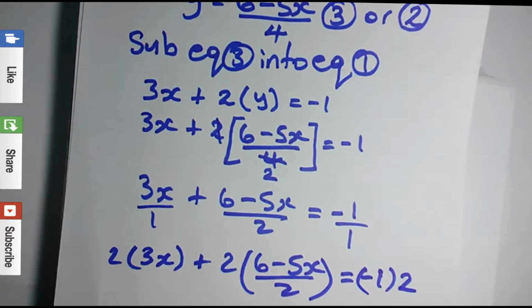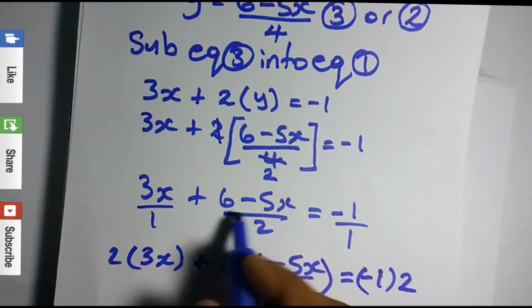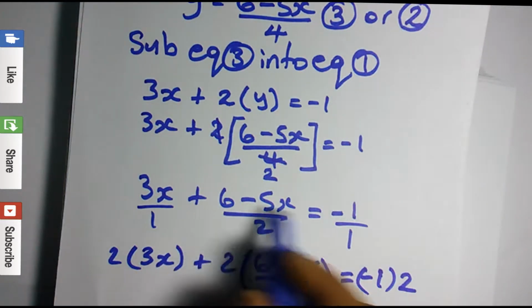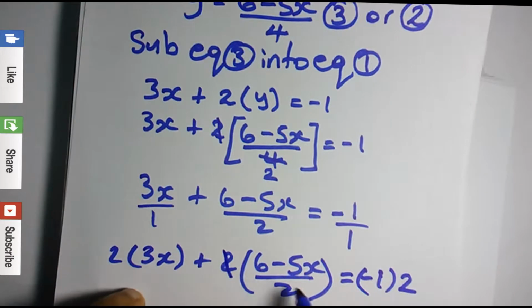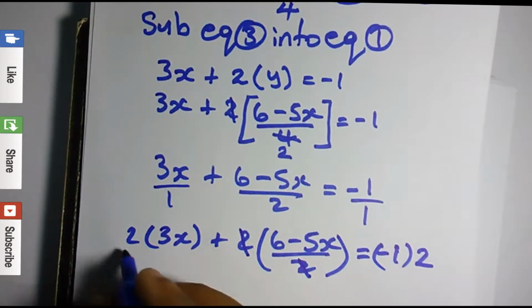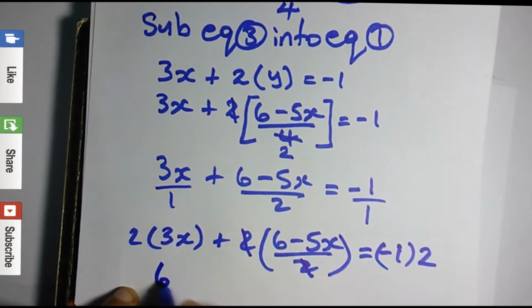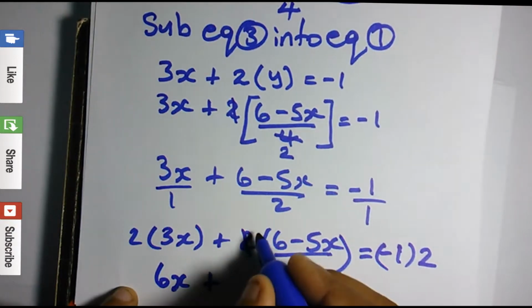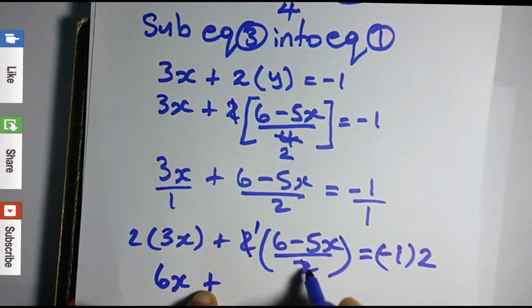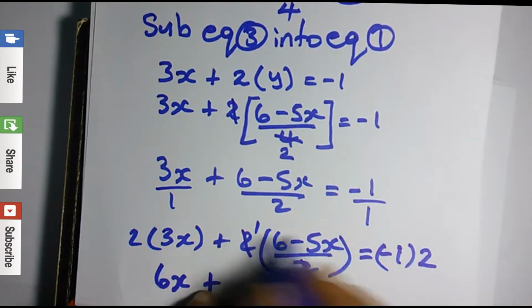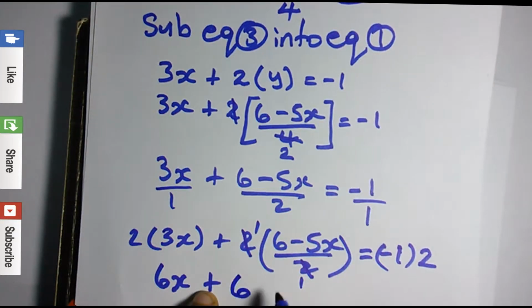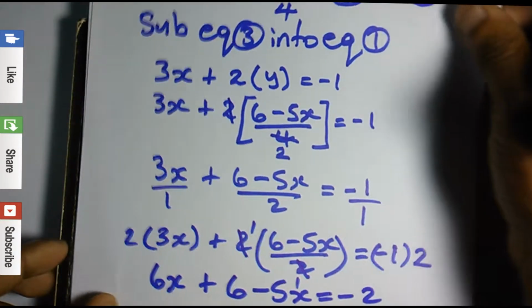The reason for multiplying everything by 2 is to get rid of the fractional part, or to get rid of the denominator. So this 2 is going to cancel this 2. 2 times 3 is 6x, plus, right here, 2 into itself is 1, 2 into 2 is 1. 1 cannot change anything; 1 times whatever is in the bracket is just 6 minus 5x, equal to -2.